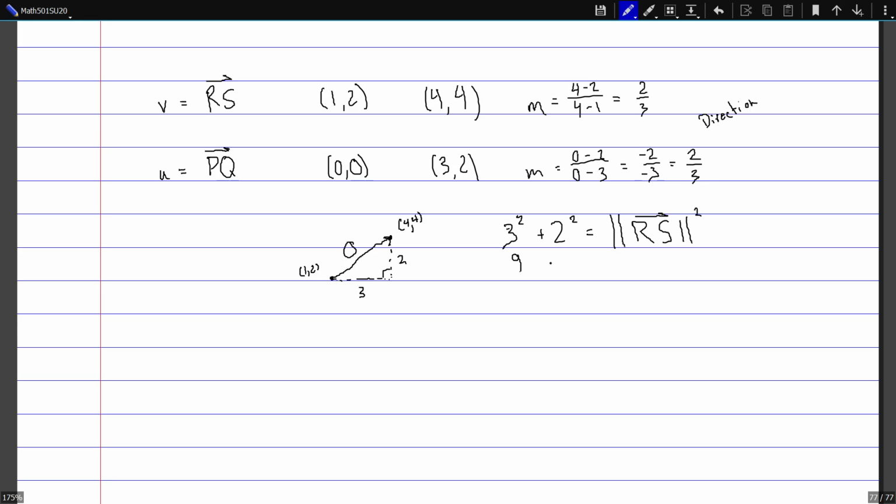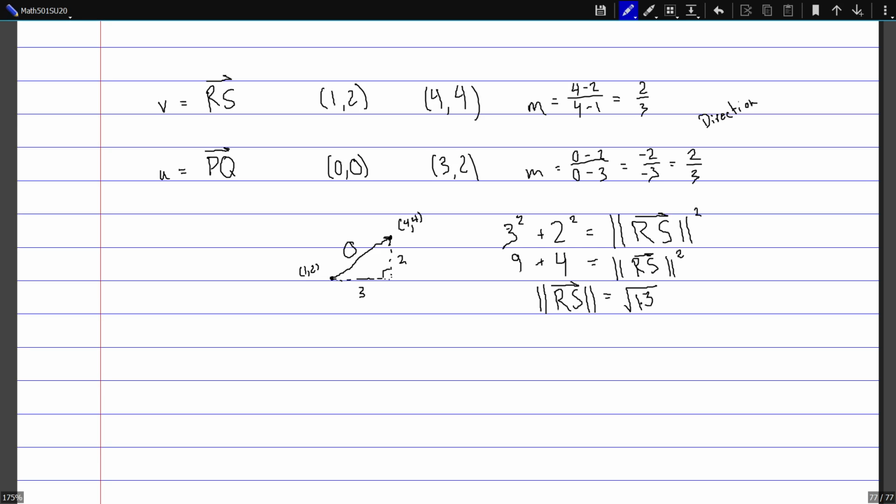So this is going to be 9 plus 4 equals the magnitude of RS squared. When we take the square root of both sides, since we're talking about magnitude, we're not ending up with a negative value here. We're looking at the principal root of 13. And that's going to be the best we can do. Since 13 has no perfect square factors, that ends up being our magnitude.